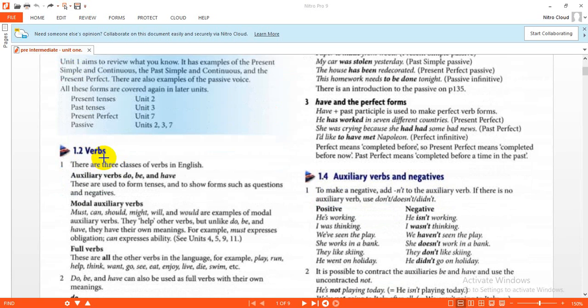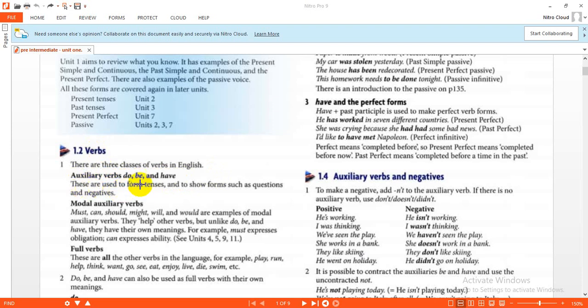1.2 Verbs. There are three classes of the verbs in English. Number 1, auxiliary verbs: do, be and have، اللي هي الأفعال التي تكون do, be and have.